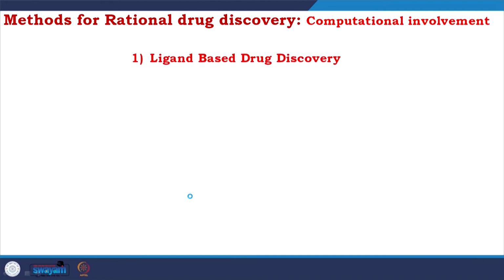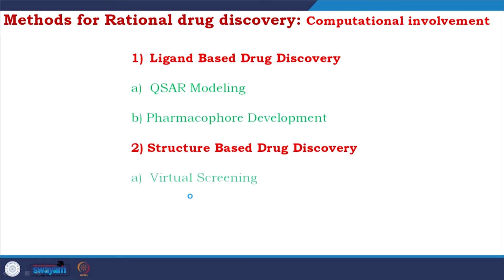So, methods of rational drug discovery, as I told, involve more computational work. Ligand based drug discovery involves QSAR modeling and pharmacophore development, whereas structure based drug designing has virtual screening and de novo drug designing.